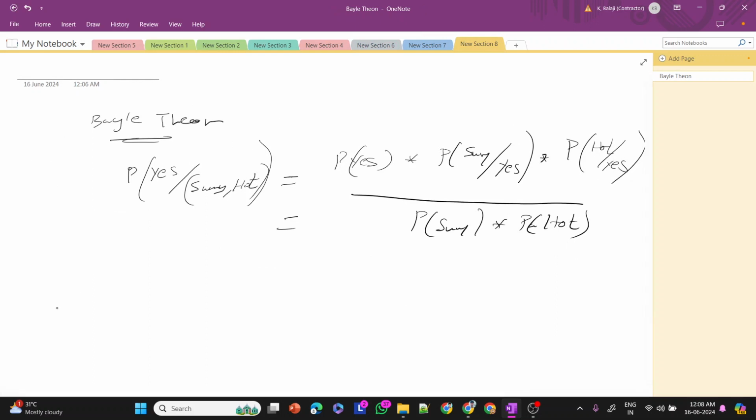Okay, let's put in the probabilities and we will calculate the output.